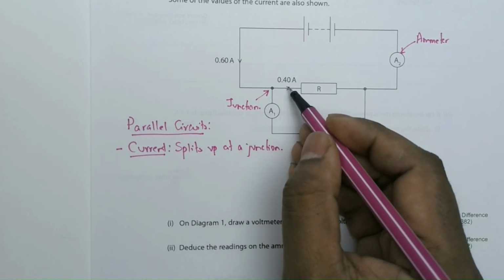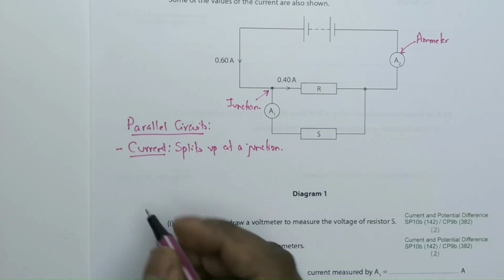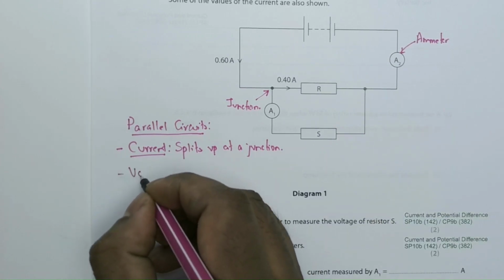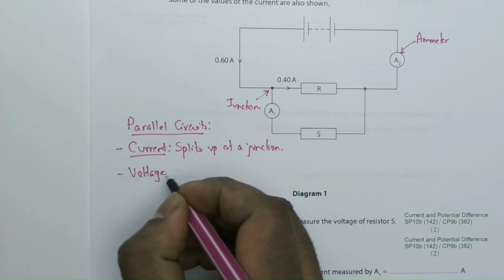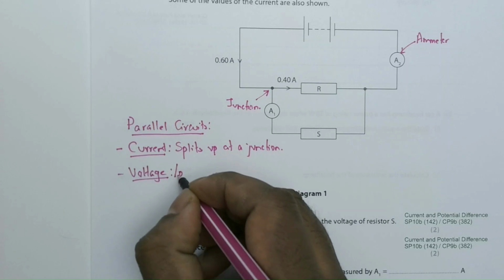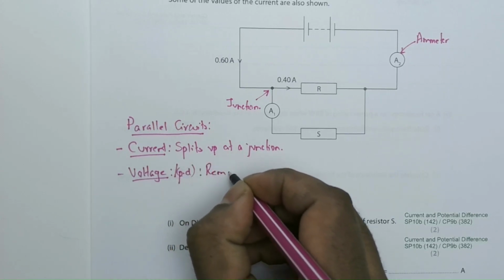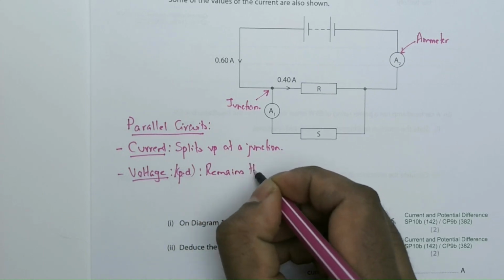So when it's going into a junction, it splits up. As it comes out of the junction, it joins back again. And the voltage, or the potential difference, remains the same.